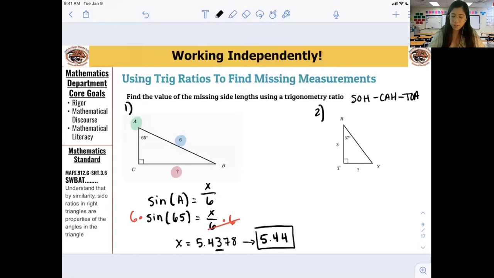Now in question number 2, you're looking for y. So go ahead and finish number 2 if you haven't done so yet.